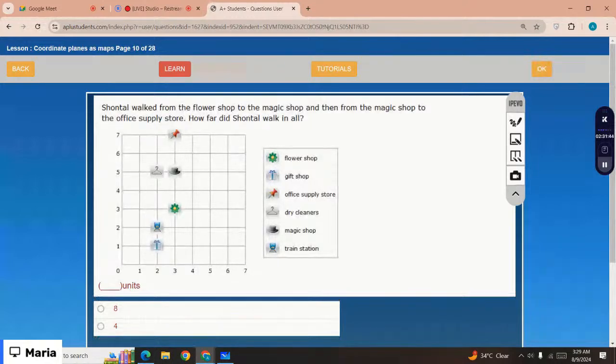Shontal walked from the flower shop to the magic shop and then from the magic shop to the office supply store. How far did Shontal walk in all? Which is the correct option?